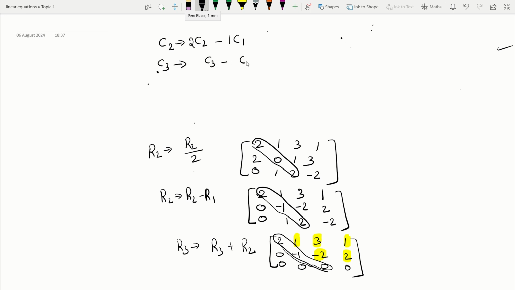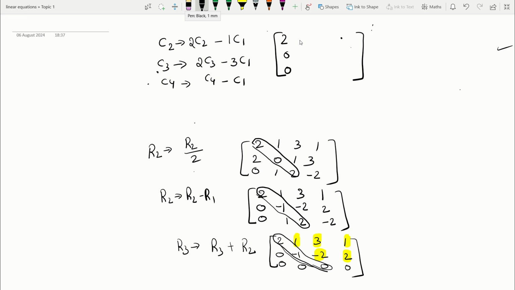How to make 0? In step 1 of the column operations, I have to take help from C1 only. I am expecting change in column 2, so C2 implies C2 minus C1, write down. Then C2 element is 1, C1 element is 2. Write the coefficient just by interchanging. C2 coefficient 1, I'll write for C1.